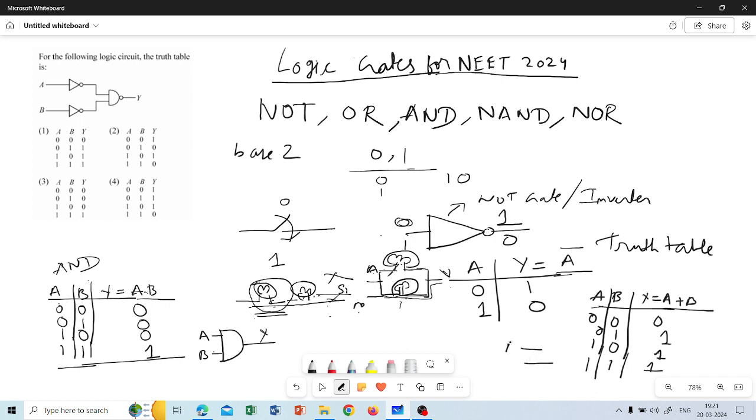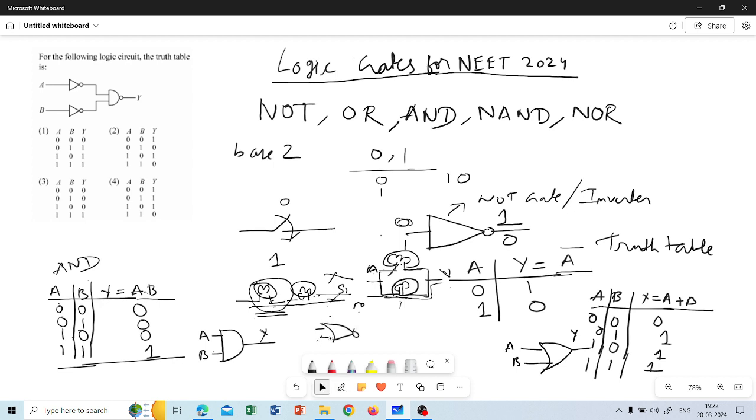So A, B, and this is the symbol, Y. I hope you understood these gates. The NAND gate and NOR gate are nothing but simply the complement of these. The complement is represented by a bubble.